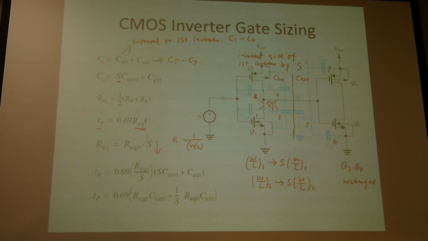So here we are interested in what is the new TP. The old TP, before size up, is 0.69 R equivalent times C.